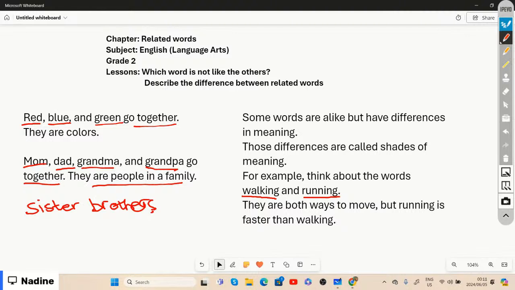All right. So these are related words, right? And like I say, with related words, it's words that are alike, but they have slight differences. And the differences that they have, we call them shades of meaning, right?